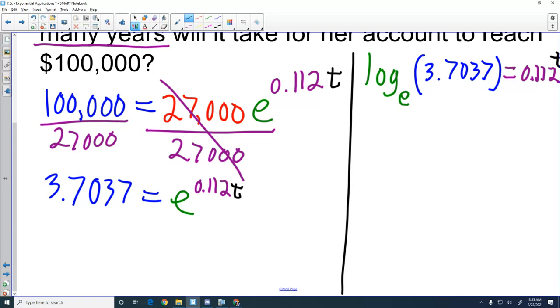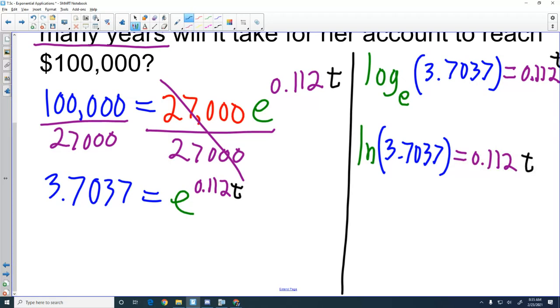So when I rewrite that in log form, log base e of 3.703, instead of writing log base e, we would use the natural log, because that is the log of base e. So it's the natural log of 3.7037 equals 0.112t.